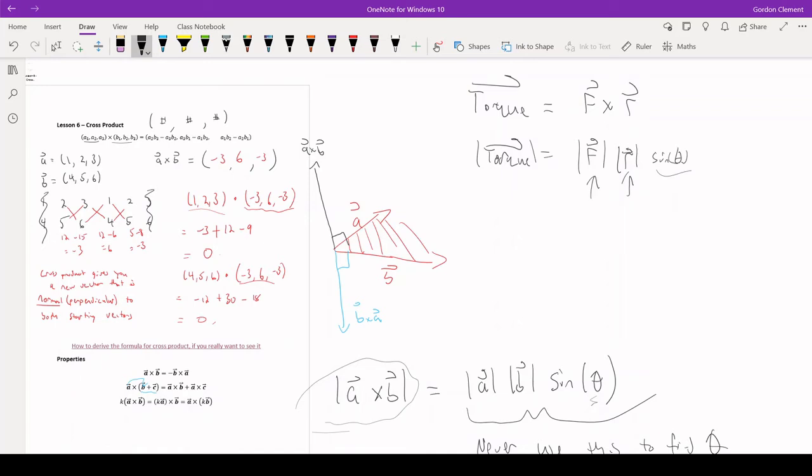Another good application of torque is if you're trying to get a rusty bolt and nut loosened off. The longer the wrench, the longer the radius, the more rotational force you get on that nut. So if somebody's got a stubborn bolt that won't loosen, using the longer wrench makes it work a lot easier than using a shorter wrench.